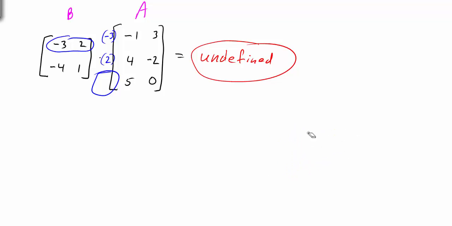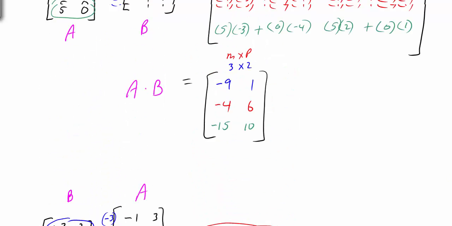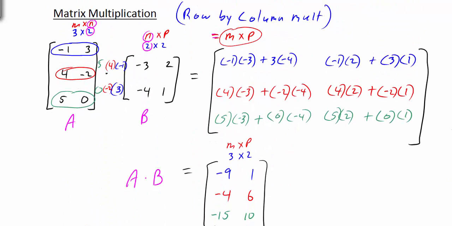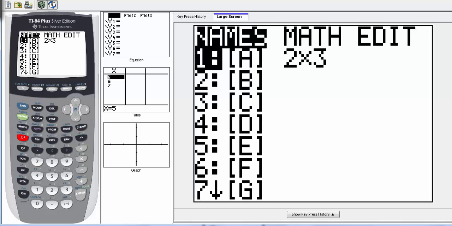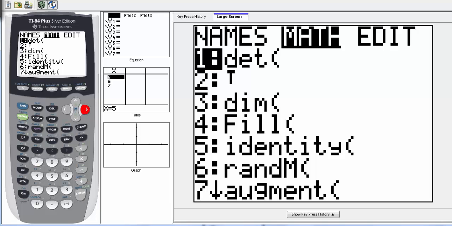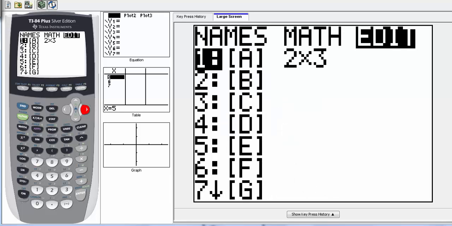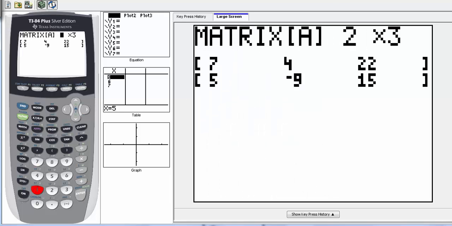All right, so let's take a minute now, and let's see how we can take this example that we started with, multiplying together, and we can actually put this in the calculator. We're going to go to matrix. Now again, you would hit your matrix button, and that may require you to hit second function and matrix. We're going to scroll over to edit, and I want to edit number 1, so we'll select number 1.